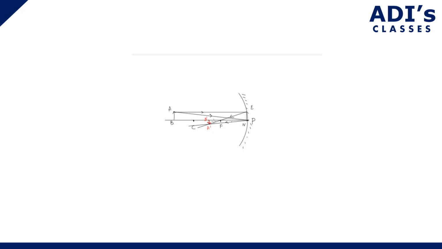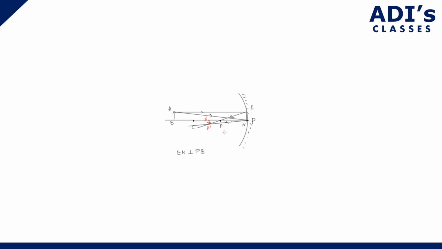Both the rays will come and converge at this point, which has A dash B dash as the image. Now what we have is EN is perpendicular to PB. Here PB is nothing but the principal axis.